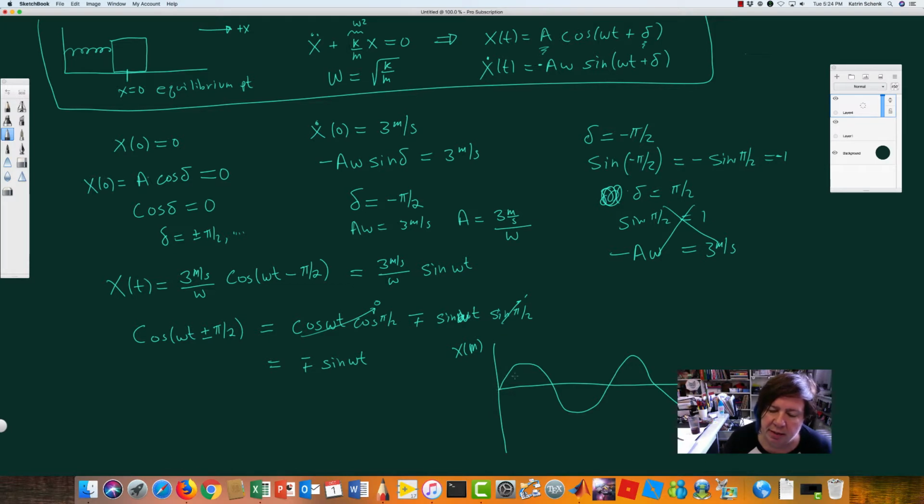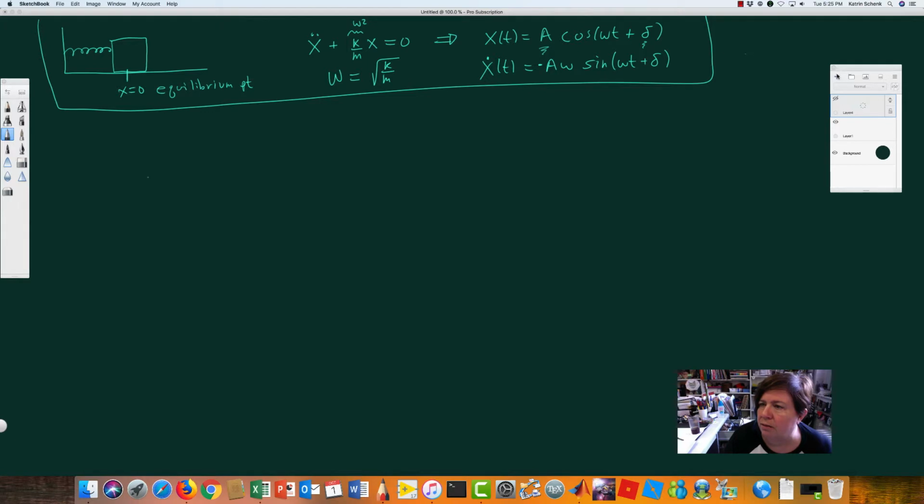The amplitude is up here, and we know what that value is: 3 meters per second over omega, and whatever our spring constant and mass are, which we never said. But notice it starts off at x equals 0, which is what we want. It also has a positive slope, so positive velocity, which is exactly what we said it had to have at x equals 0. Okay, let's kill that layer and get a new one.